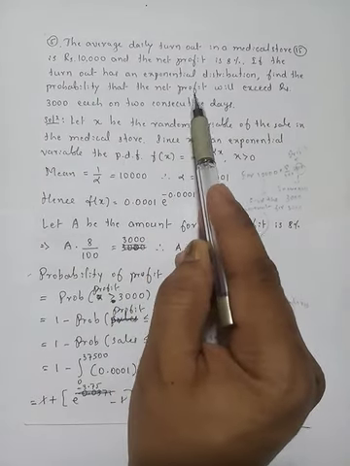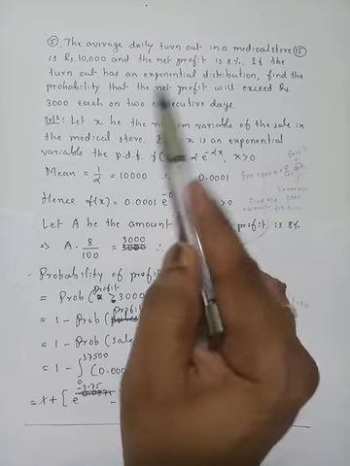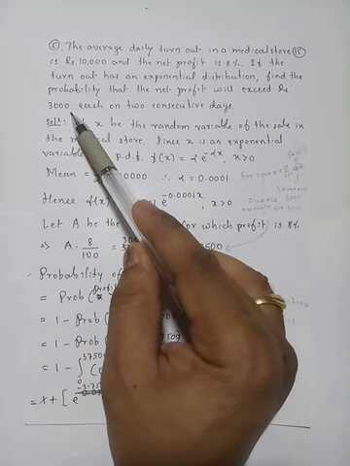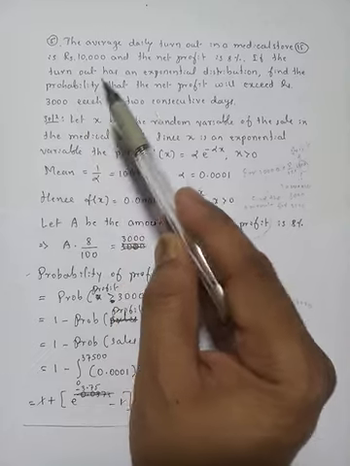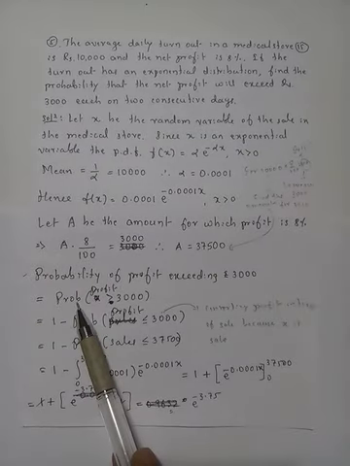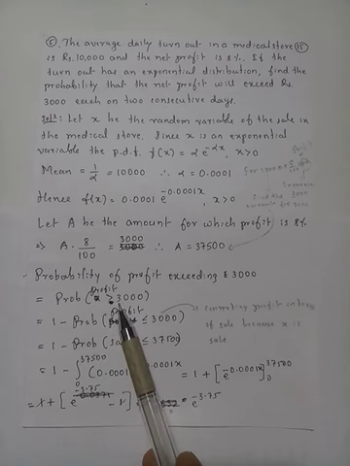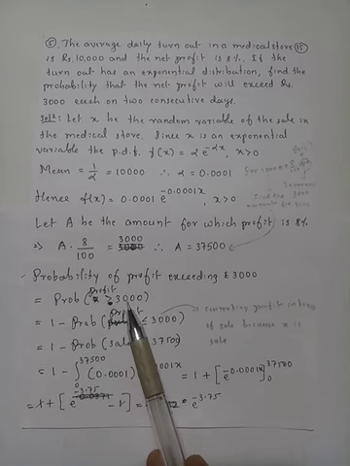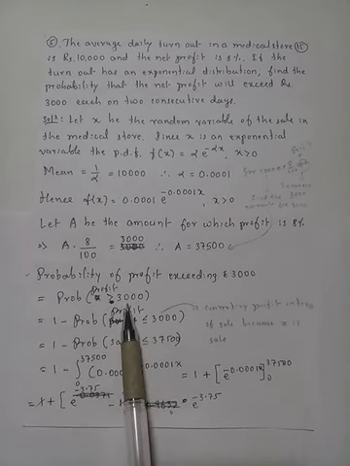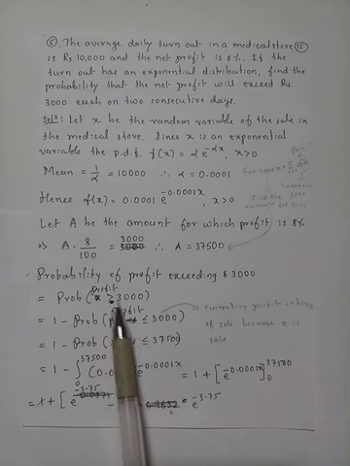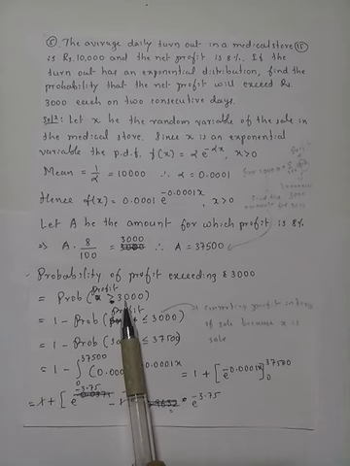Now what are we going to find? The probability that the net profit will exceed rupees 3000. That is, the probability that profit is greater than 3000.